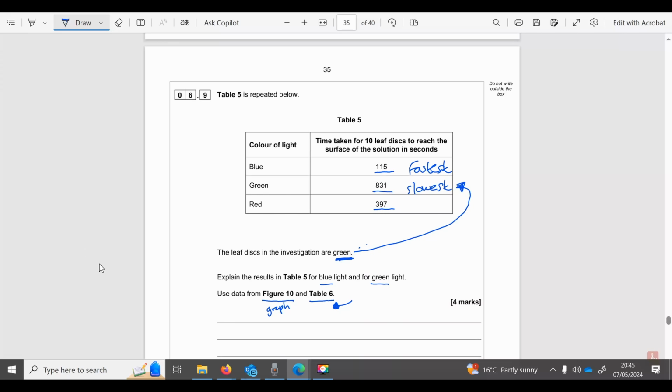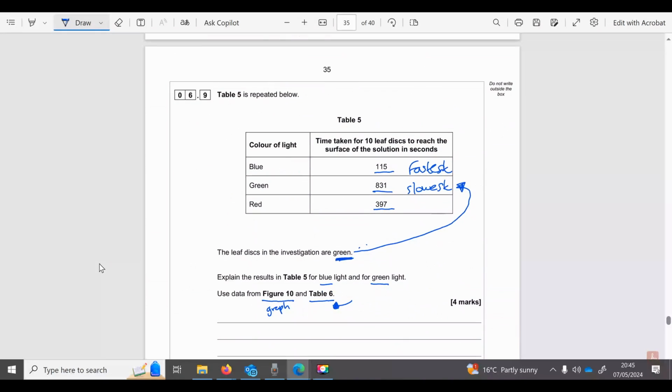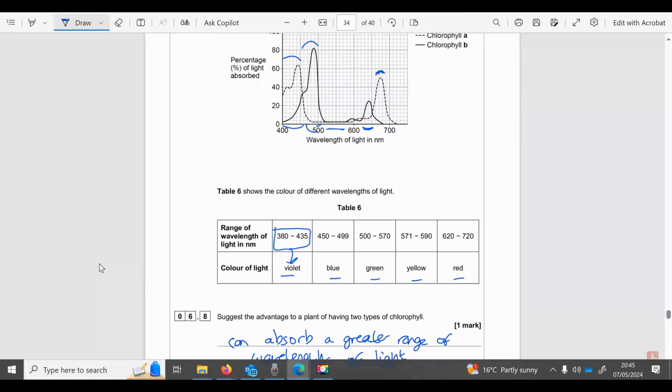Explain the results for the blue and green light. So let's go back to green light now. Remember that they've given us table 6, and it says we've got the color of light green there. Remember that this was the slowest. What's the reason?